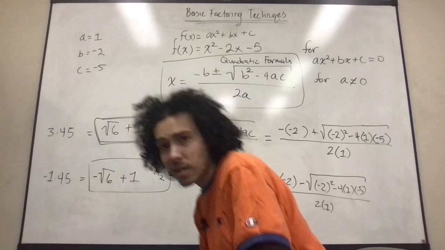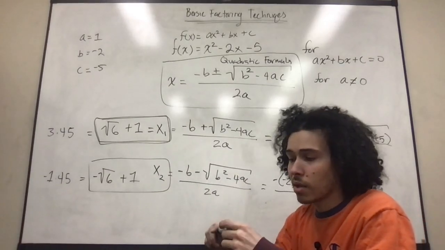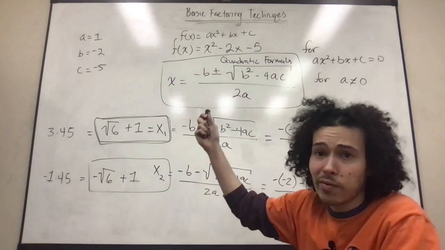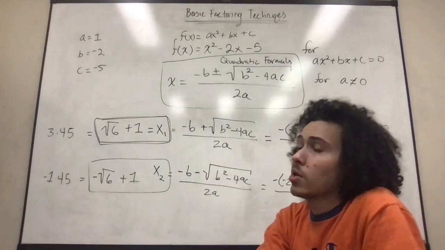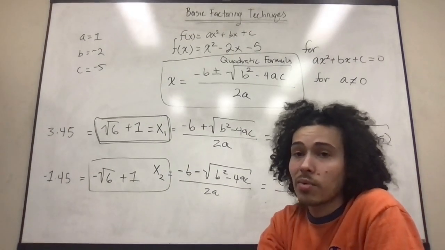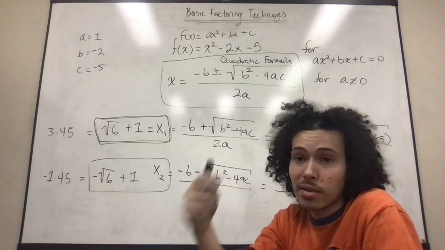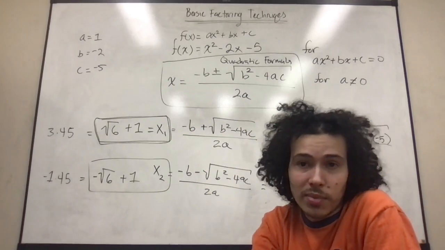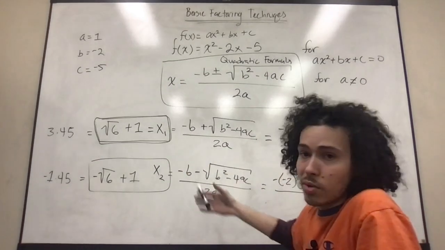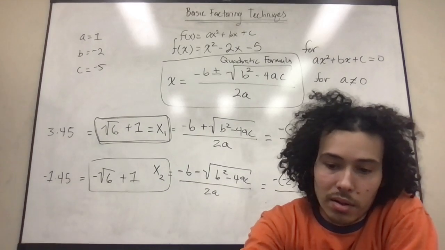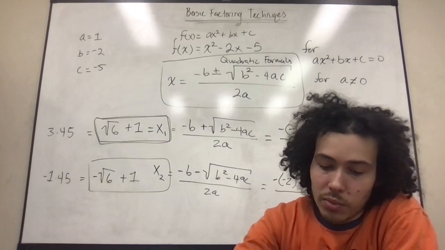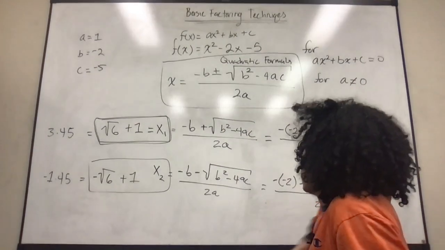A lot of the challenge with these types of calculations is actually remembering the formula. But if you're able to remember it, then you can pretty much factor any quadratic equation, provided you want to do all this process, which is not that arduous.